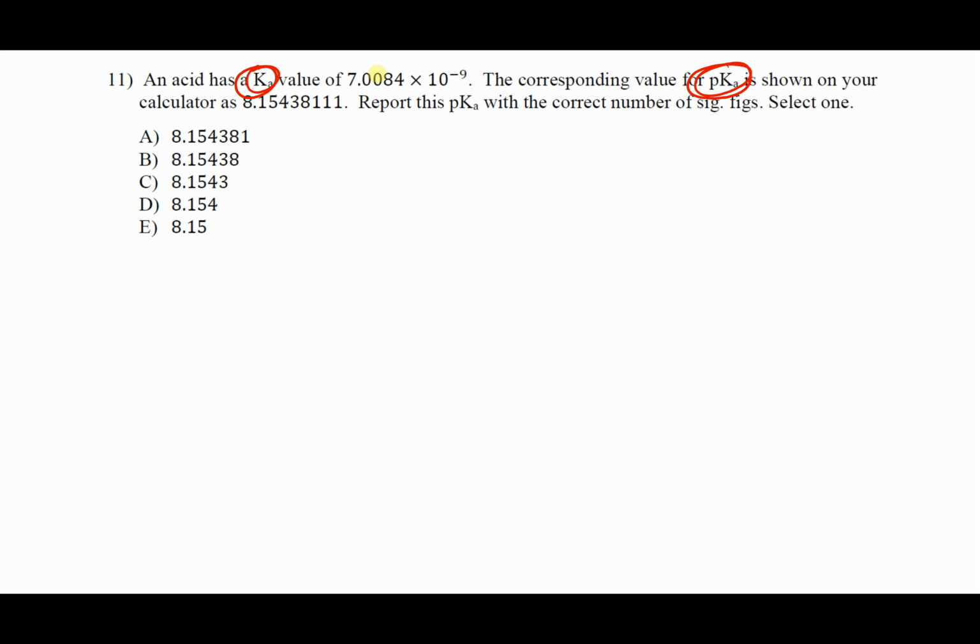So we have 1, 2, 3, 4, 5 sig figs, which means if we're taking a logarithm, we have to have 5 after the decimal place. Our sig figs are only counted after the decimal place. So we need 1, 2, 3, 4, 5, so out to that 8. So that would be B, right? We have 5 decimal places.